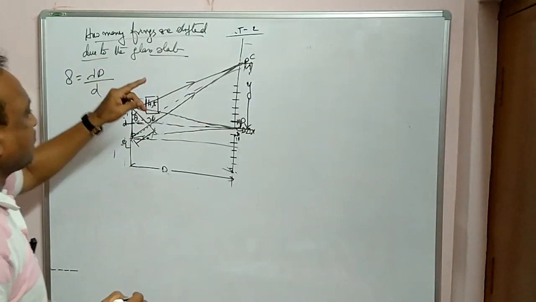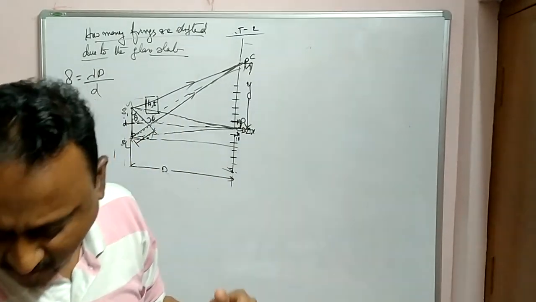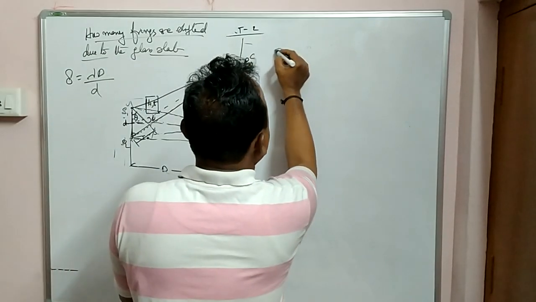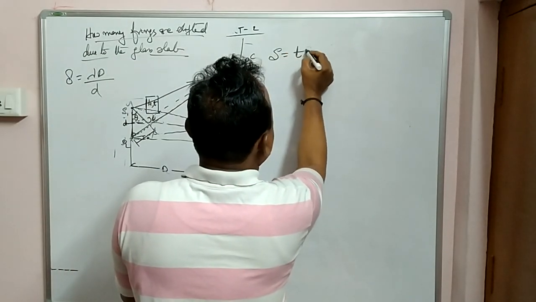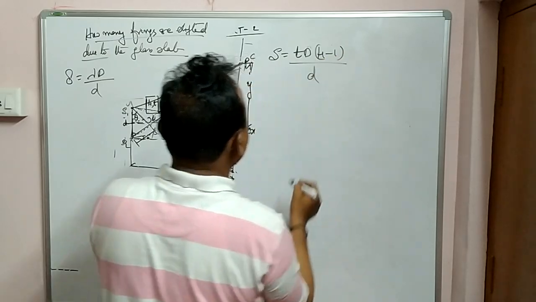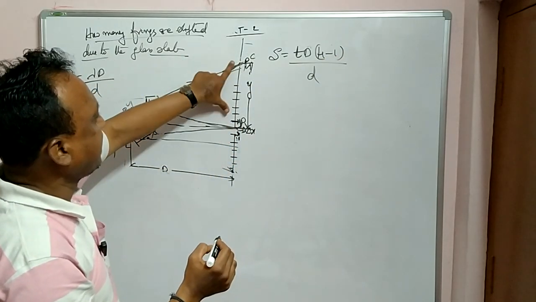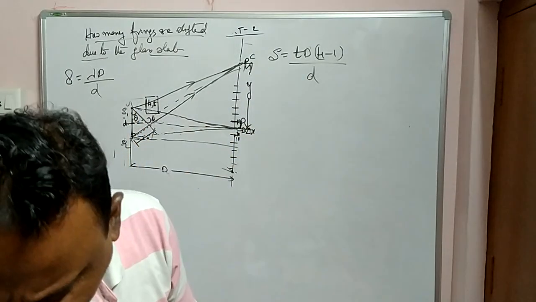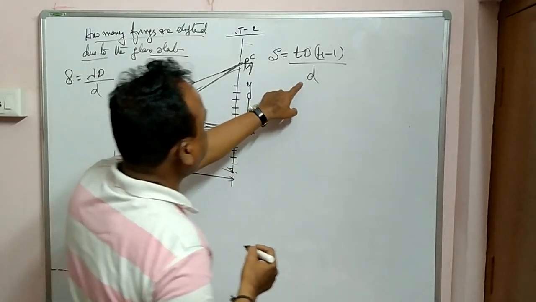So how many fringes అంటే ముందు యాక్చువల్లీ ఎంత షిఫ్ట్ అయిపోయింది మనకి చూడండి ఫార్ములా, td ఇంటూ mu minus 1 by d కదా. సెంట్రల్ బ్యాండ్ నుంచి మనకి y we got y as td into mu minus 1 by d. This is the shifting.